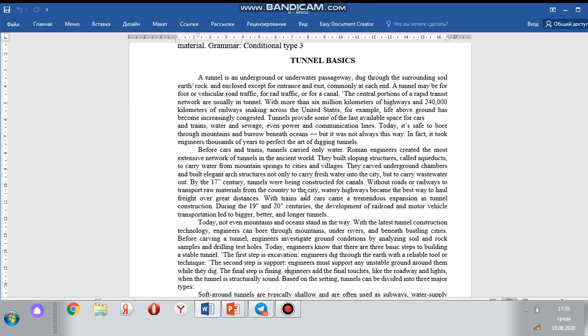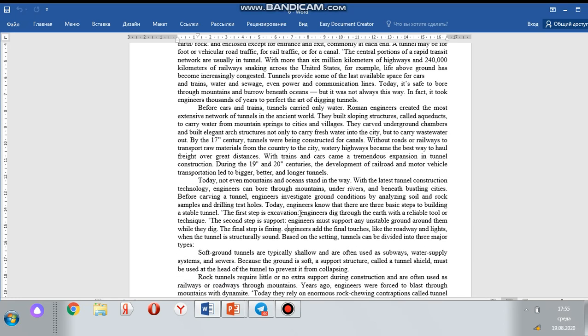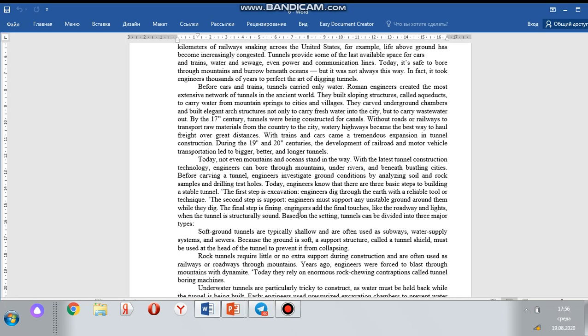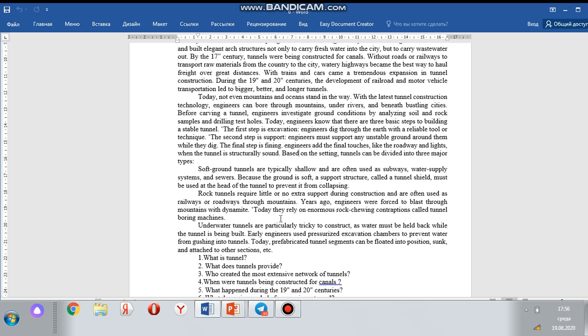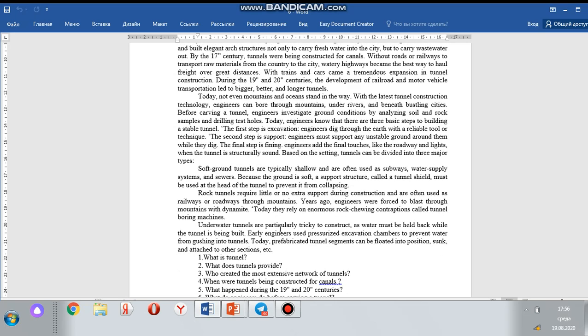The second extract tells us the history of tunnel construction, and the third extract tells us the latest tunnel construction technologies and other things. So the next extract tells us about soft ground tunnels, and the next extract tells us about rock tunnels, and the last one, we can find information about underwater tunnels.